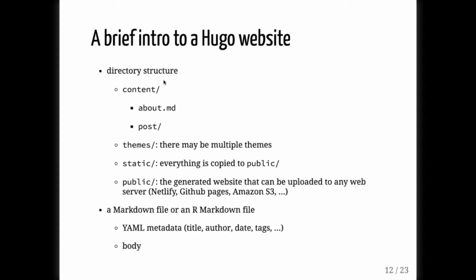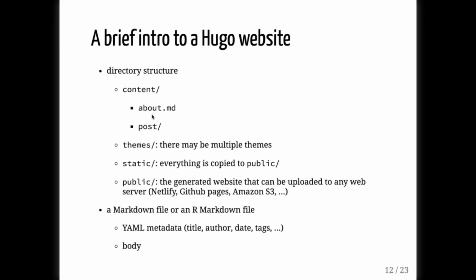The main directory that you will be working under is the content directory. That is where you put all of your Markdown or R Markdown source documents. That is the content of your website.